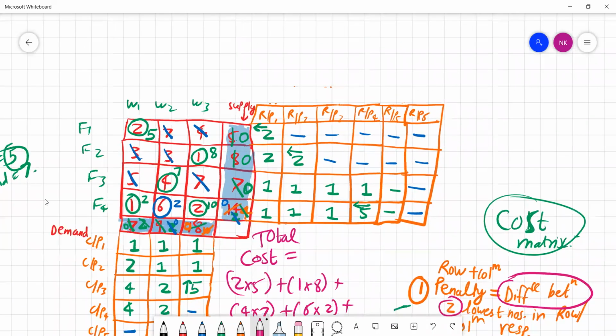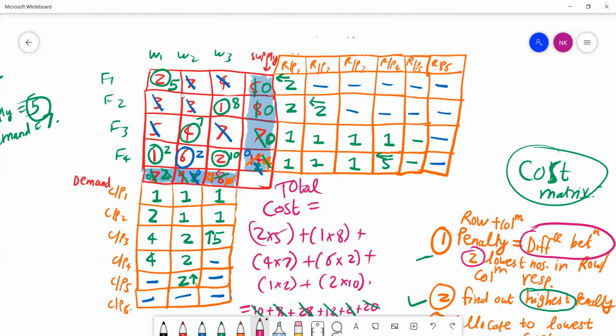Okay, so this type of structure you need to make. This table will be given to you along with the demand and the supply. What you need to do is simply find the difference between the minimum two numbers. So it will be the difference in the row and the difference in the column.